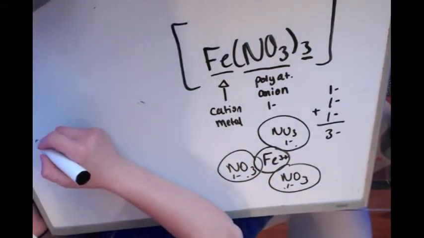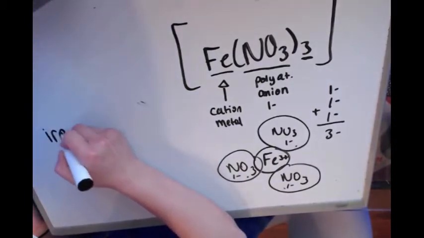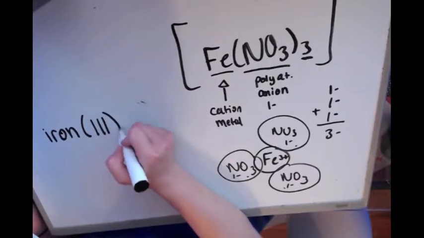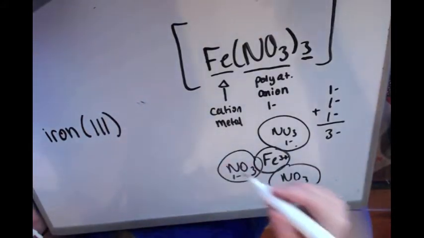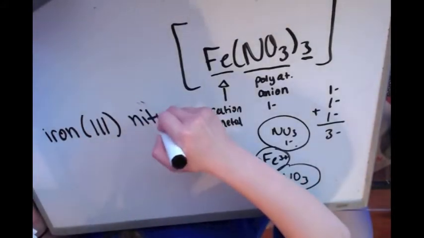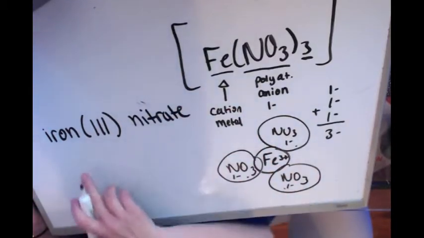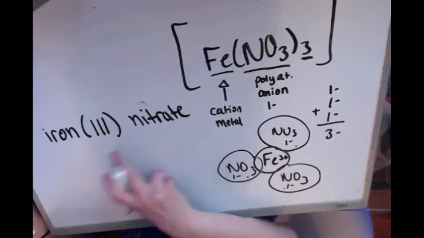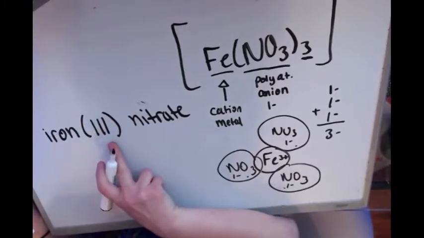So transition metals you have to write a little bit differently. You have to include the charge and the name. And you do that by writing it as a Roman numeral in parentheses. So I write it like that: iron(III) nitrate. Because this iron has a charge of 3 plus.